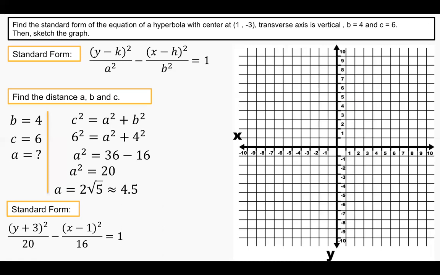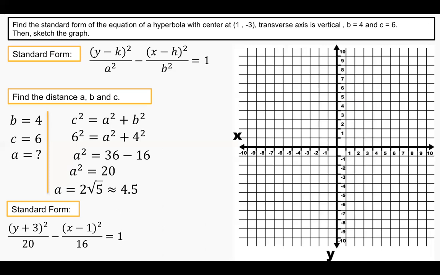Then, for us to determine the coordinates of the vertices, foci, and co-vertices, we will be using the values of the distances a, b, and c. Take note that the transverse axis is vertical, thus our movement for vertices and foci is vertical, and our movement for the co-vertices is horizontal.